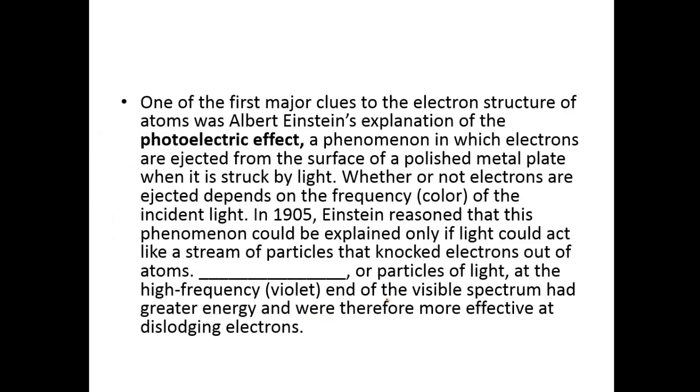To begin with, Einstein came up with one of his first ideas about explaining what he called the photoelectric effect. Back in 1905, they were looking at a polished metal surface struck by a certain color of light, not how much light, but a certain color, and it actually ejected or knocked particles off.